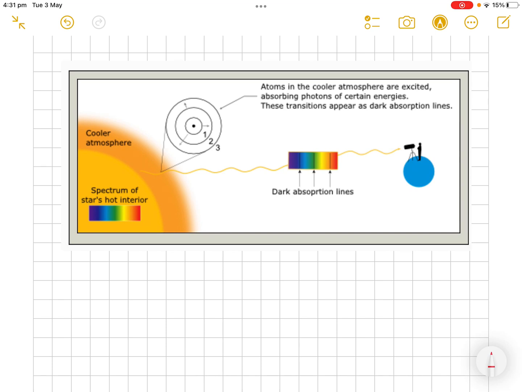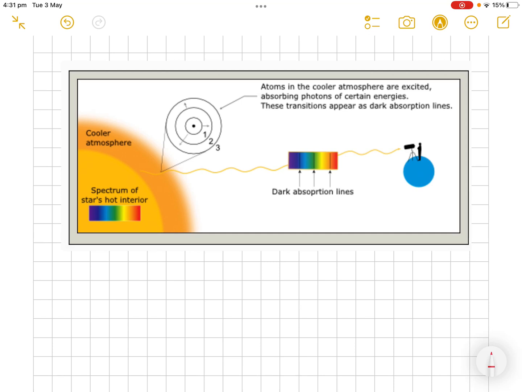You can see on the left there is the sun. The sun has a hot interior, but a slightly cooler atmosphere. And, well, distinctly cooler atmosphere, actually. So all colours are generated in the hot interior, along with non-visible wavelengths as well, actually. So you've got this whole full continuous spectrum coming out from the core of the sun, where it's very hot. It passes through the cooler atmosphere, so you've got to think of the cooler atmosphere as being the cool gas.